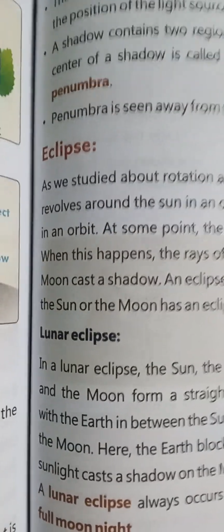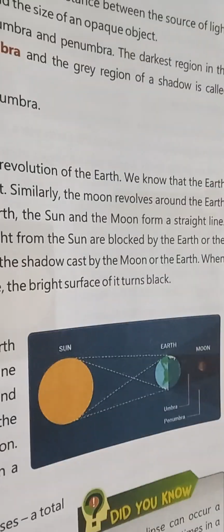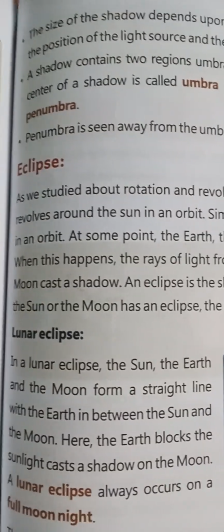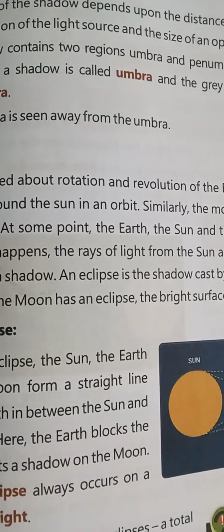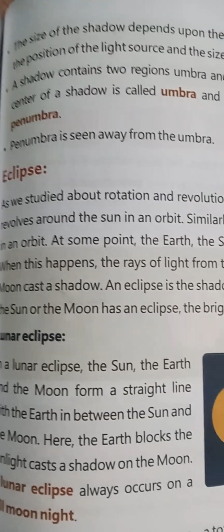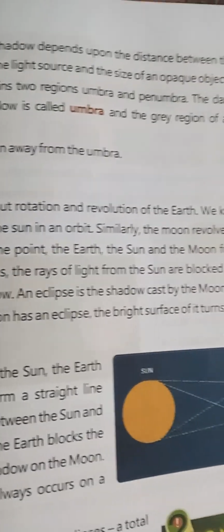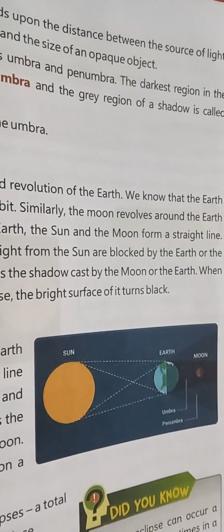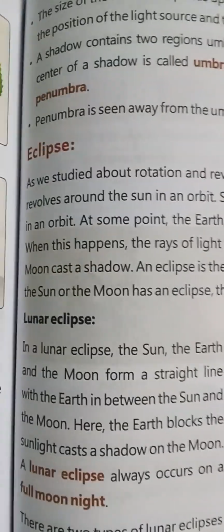Eclipse. As we studied about the rotation and revolution of the earth, we know that the earth revolves around the sun in an orbit. Similarly, the moon revolves around the earth in an orbit. At some point, the earth, the sun, and the moon form a straight line.